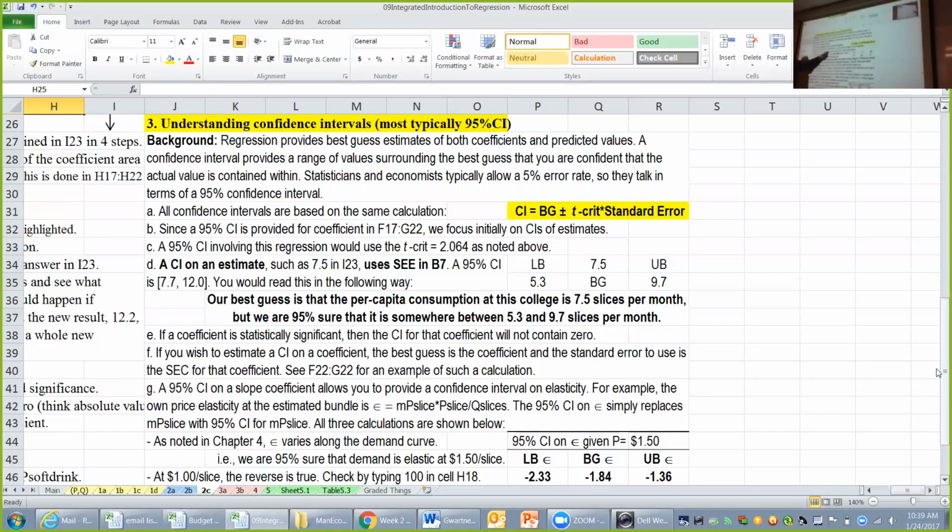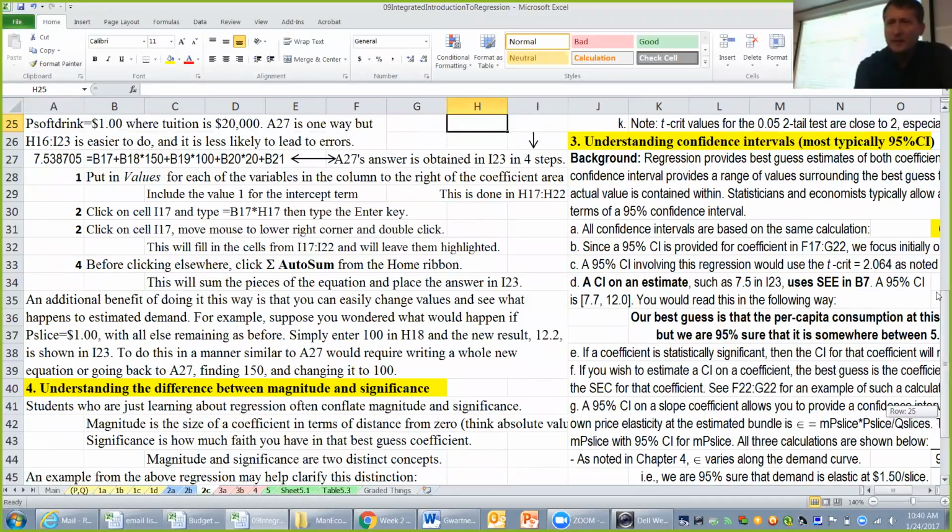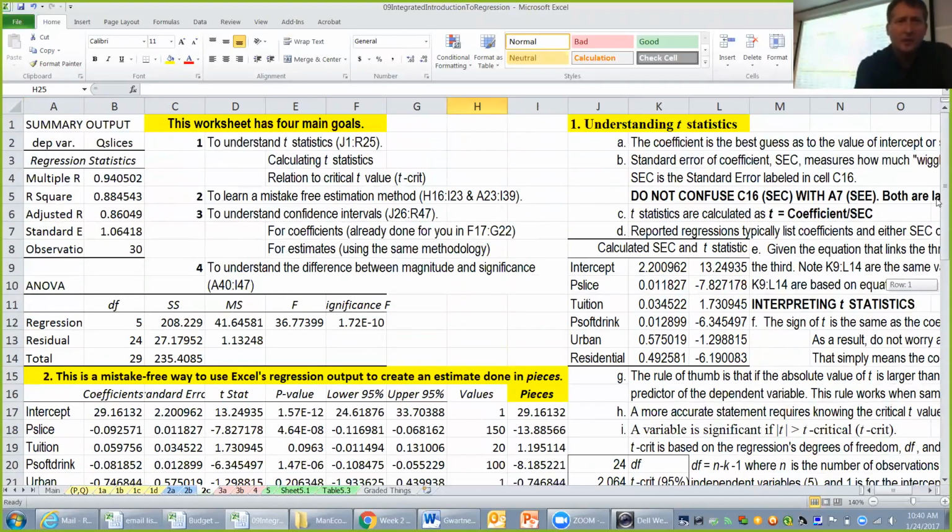And to calculate that, this is the formula. BG is best guess. So my confidence interval is my best guess of 7.5 plus or minus the critical T times the standard error. In this case, because we're using the 95% confidence interval for the dependent variable, the predicted value, we're using this standard error.